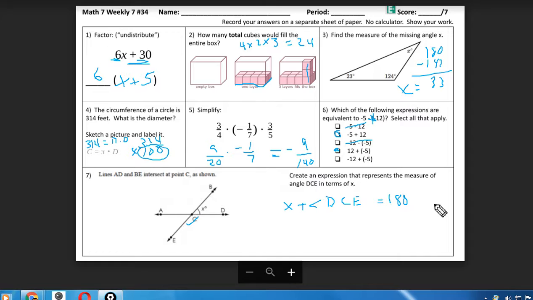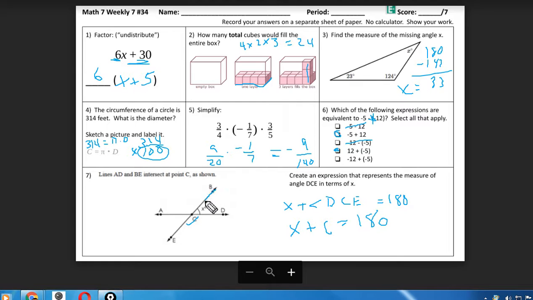Now, I'm not quite sure how she's going to write it. She might write it in there as x plus c is going to equal 180. Okay, so the expression might be written in there.